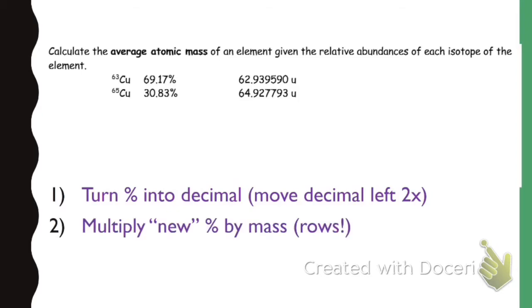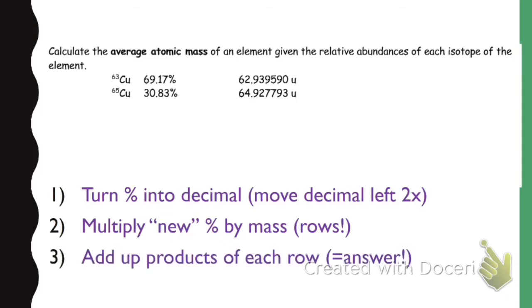Then we're going to take that new percent with its decimal in its new place and multiply by its mass. You're regularly going to see these depicted in rows and columns. And so in general, that means you're going to be multiplying your rows together and then adding up the products of each row, and that'll give you your answer.